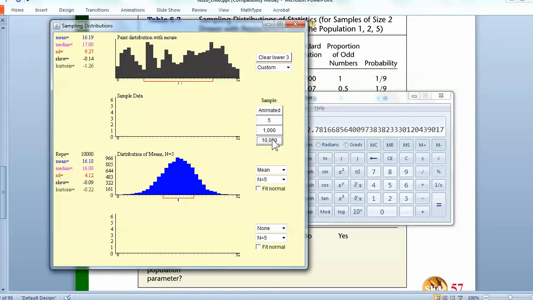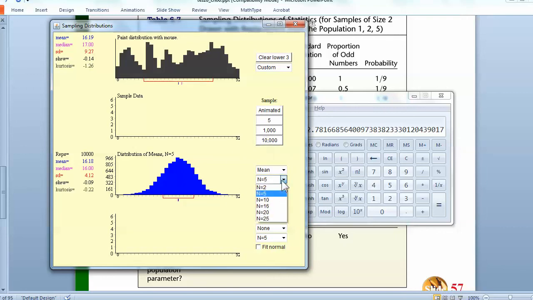I'm going to do a bunch of samples. Look at this. We've got a normal distribution where its mean is being targeted right there, and its standard deviation isn't being targeted, but according to the central limit theorem, we know it's going to turn out to be 9.27 divided by the square root of 5.